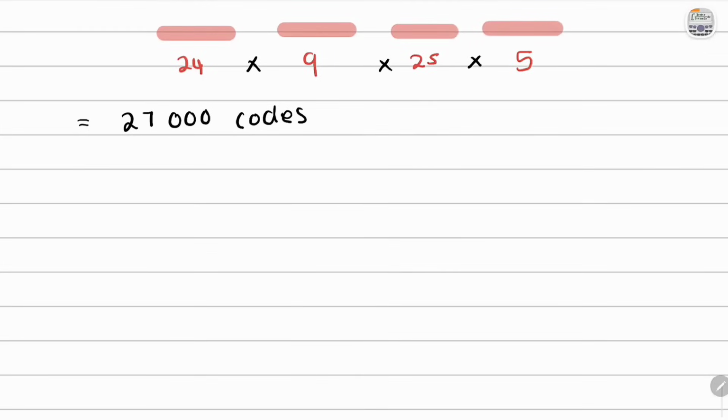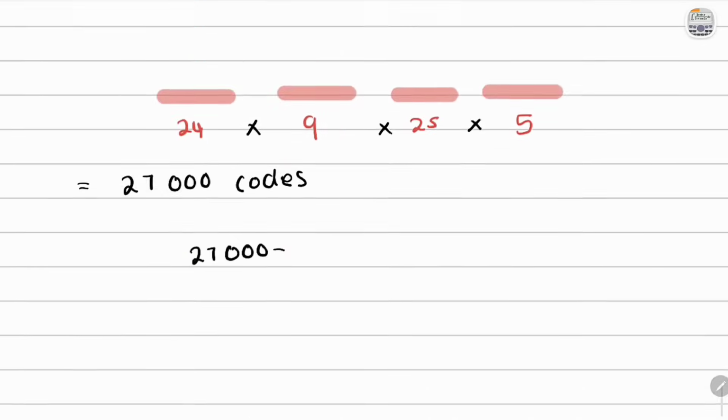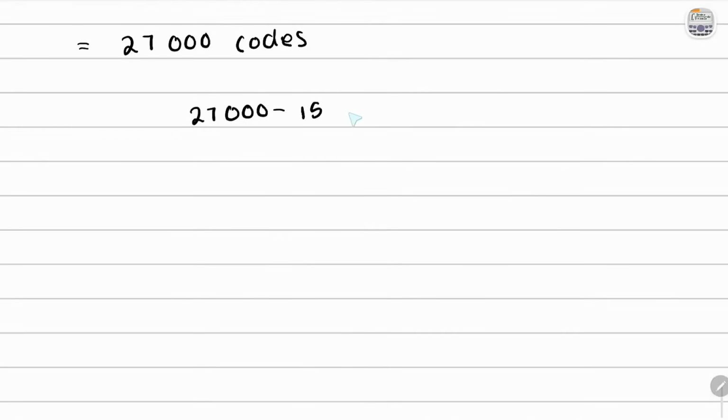To calculate the percentage increase, you just want to calculate the difference, really. So you're going to say 27,000, the bigger one, minus the old one, 15,390. And then you're going to put it over the old, 15,390, because you're trying to track how much it increased by, from the old to the new.